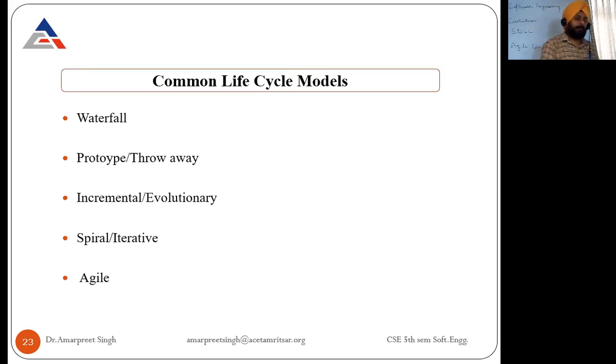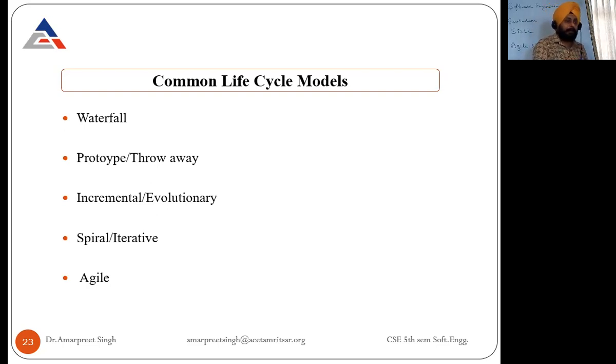Common life cycle models are, one, the waterfall model. We will do two waterfall models: one is the classical and the second is the iterative. Today we will cover the classical waterfall model. Second is the prototype model, which is also known as the throwaway model.